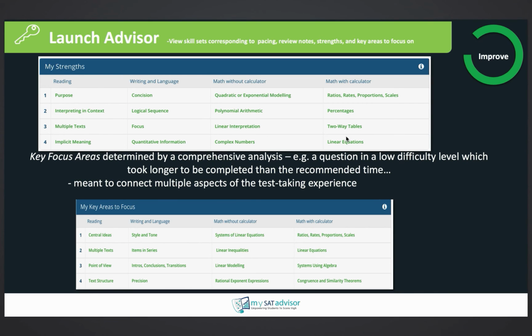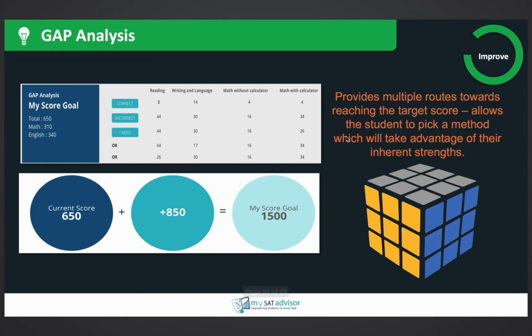The software will understand that, hey, maybe you shouldn't be spending longer than average on a difficulty level 1 question. And either that, or maybe you shouldn't be getting difficulty level 1 questions wrong, especially when you're spending so much time on it. So the software is going to mark that area and kind of ping it for you to focus on. And this aspect of the software is meant to connect multiple aspects of the test-taking experience, mainly difficulty level, accuracy, and timeliness.